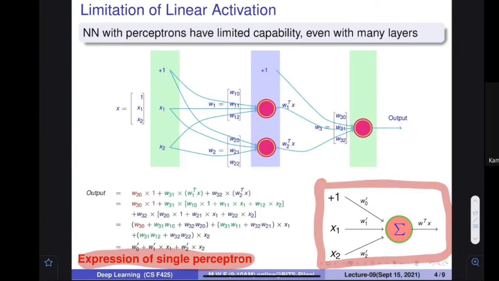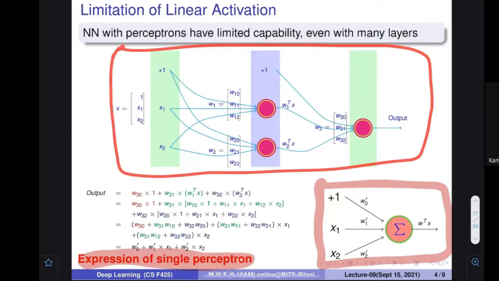Ultimately, our objective is to find out the parameters. Let me say everything is fresh. I had a problem, and for that I have devised this kind of neural network, and let's assume that I have discovered the parameters.